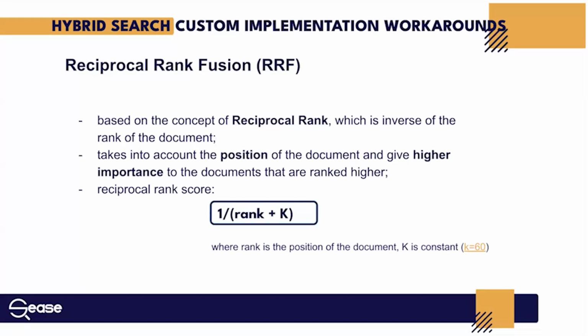Based on the formula, 1 over rank plus k, we calculate the reciprocal rank score of each document before merging. Once we merge, we sort in descending order and return the results.